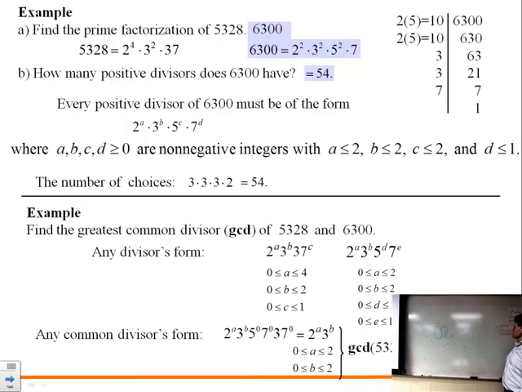So here's what we know. We know that A is equal to X times G, because here's X and here's G, you're multiplying that all together, and that gives you A. And then B is equal to Y times G. And I know that GCD of X and Y is equal to 1.